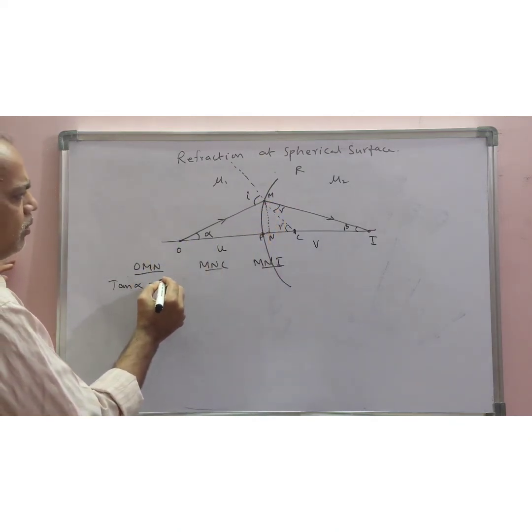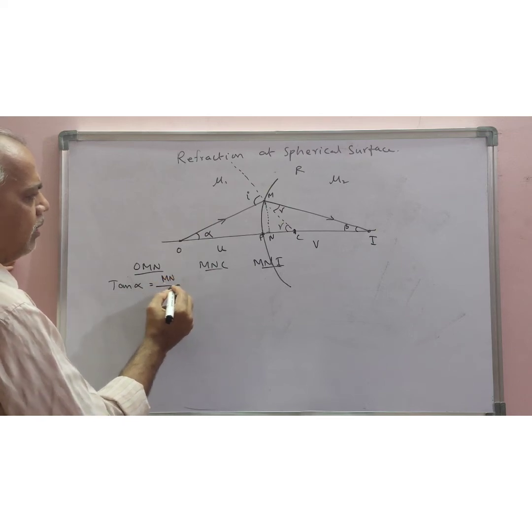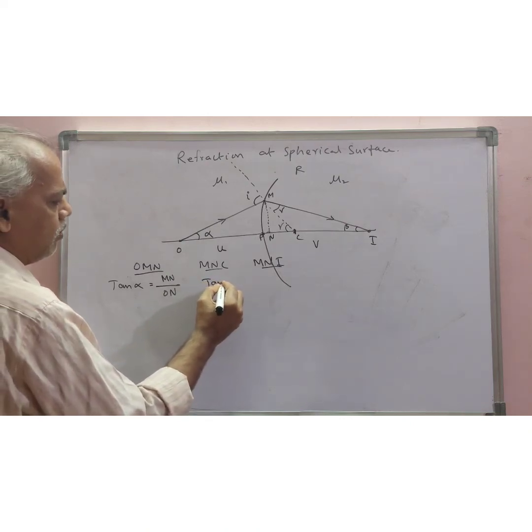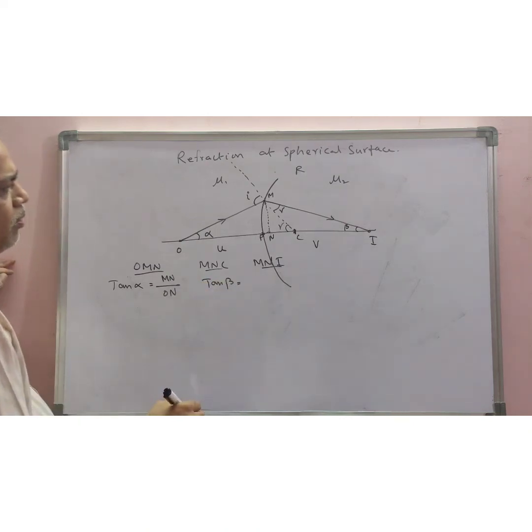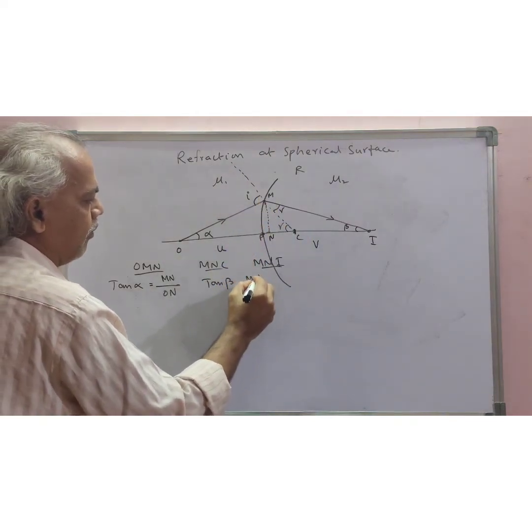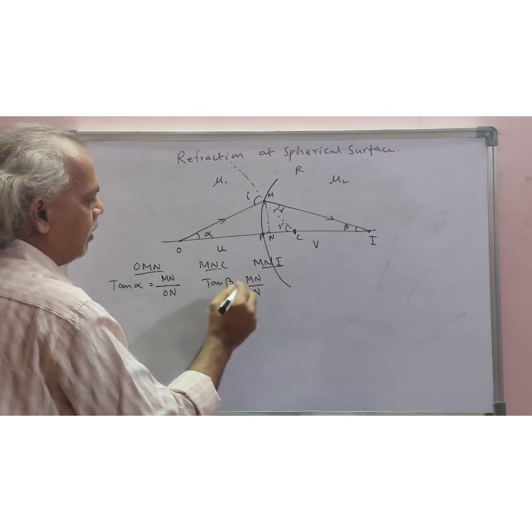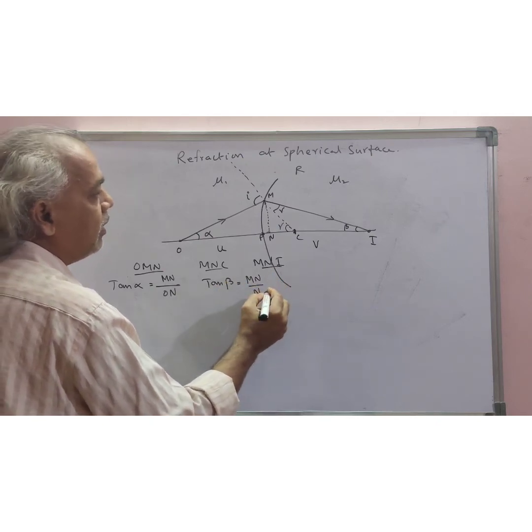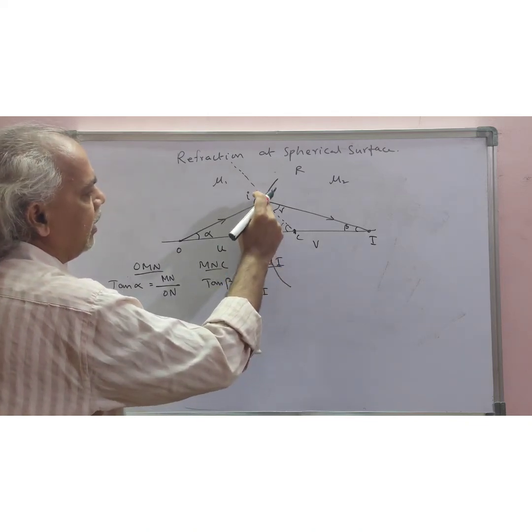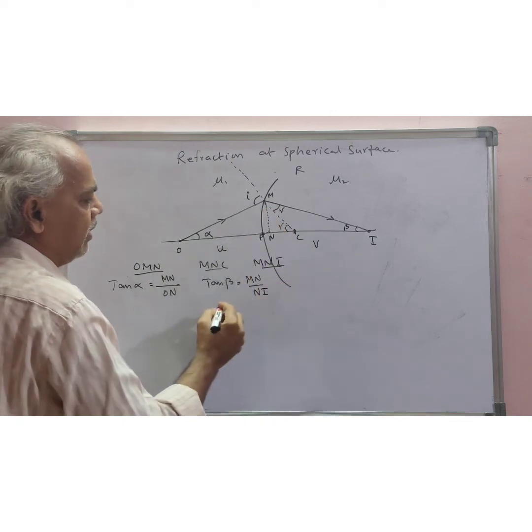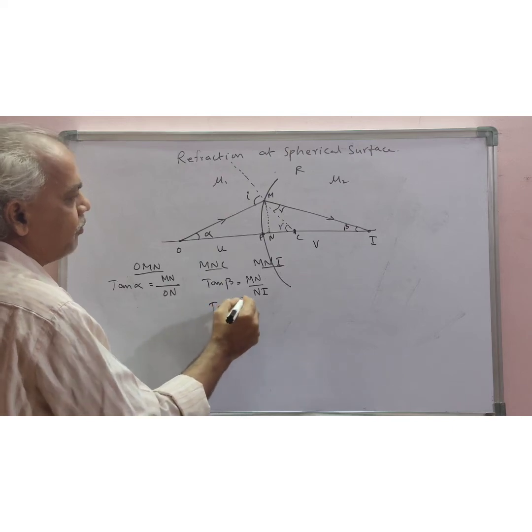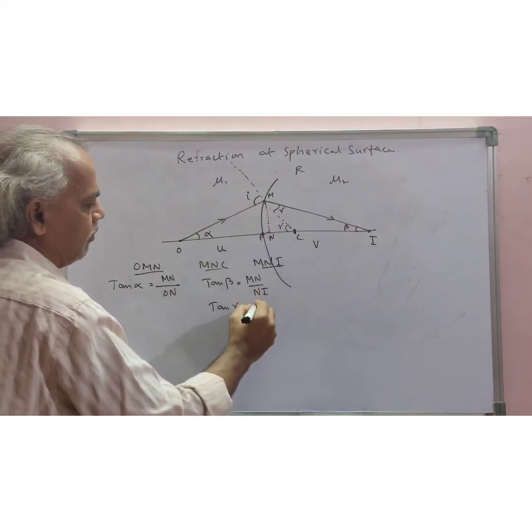So tan alpha is equal to MN by ON, and tan beta is equal to MN by NI. In triangle MNC, tan gamma is equal to MN by NC.